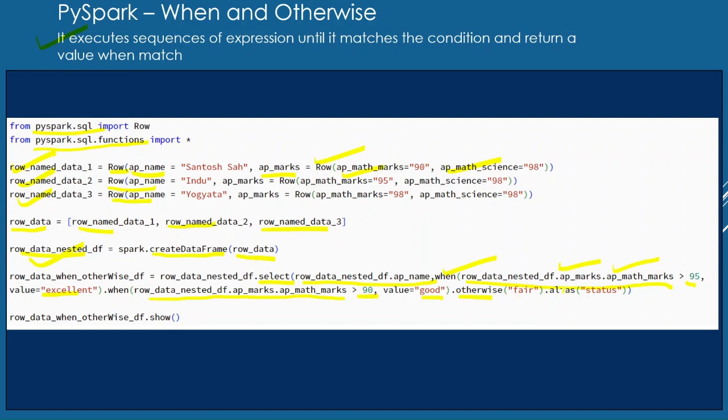Otherwise, if it is not greater than 95 and not greater than 90, then put the value good or fair for all other marks, and alias as status. That means with the help of when and otherwise we are creating a column based on the condition and saying that the alias of that column is status.